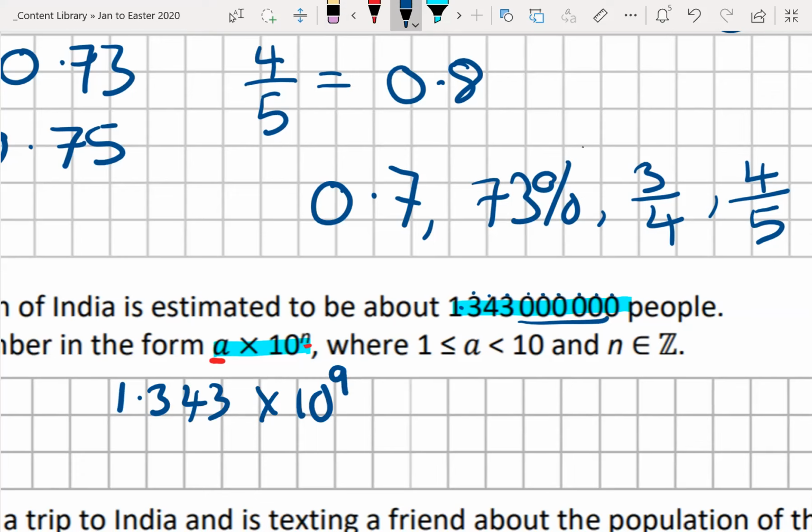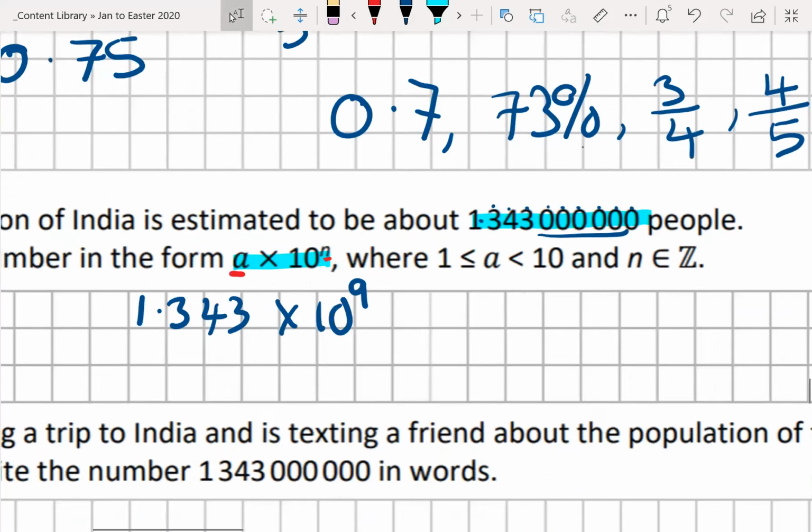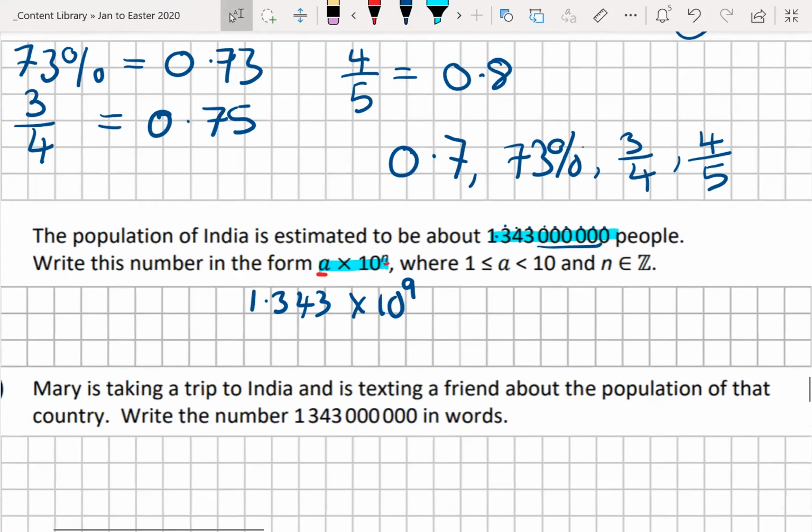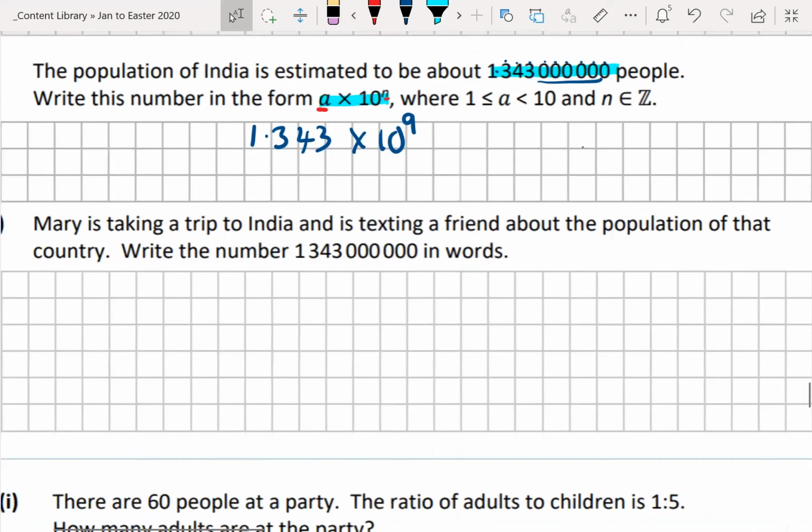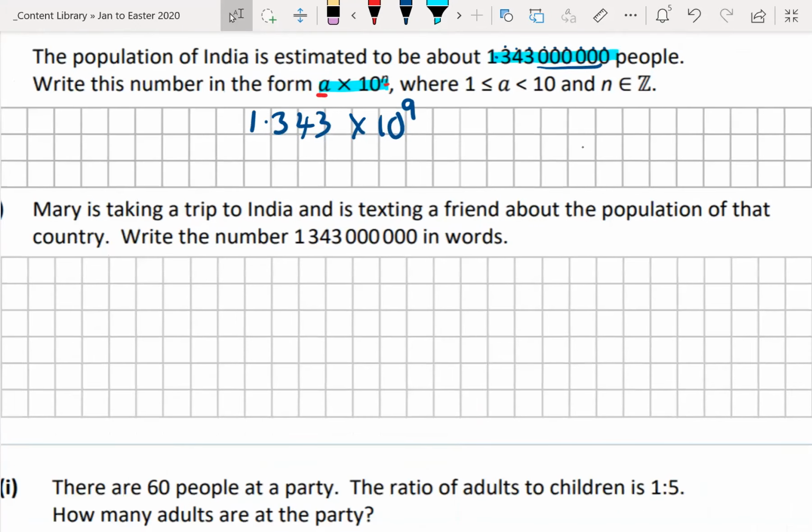Okay, done. Right, so Mary is taking a trip to India and is texting a friend about the population of that country. Write the number. So they want us to write this number in words. Okay, that's tricky. You don't see this question very often. I've already said it, actually.